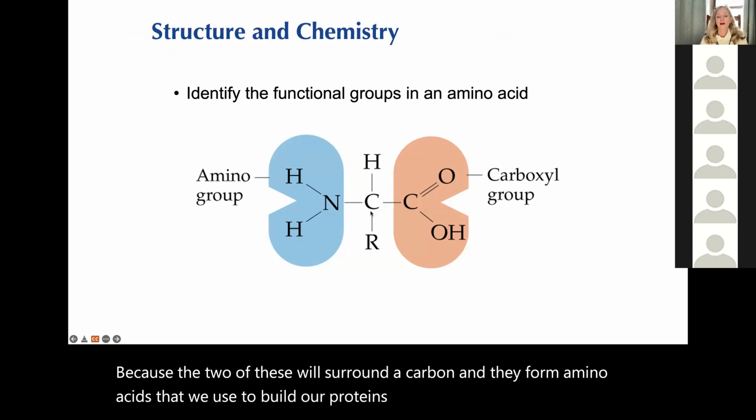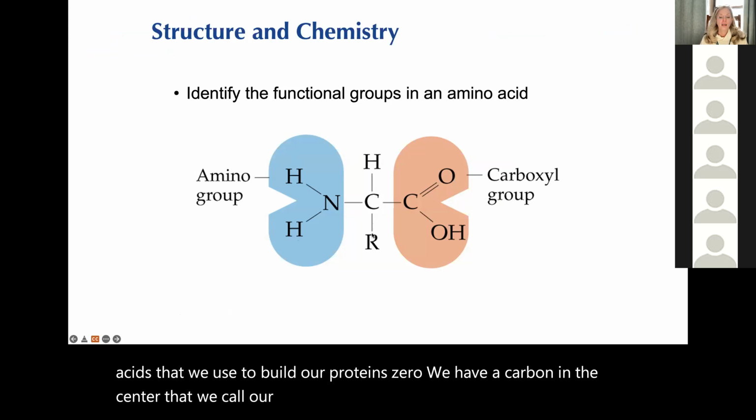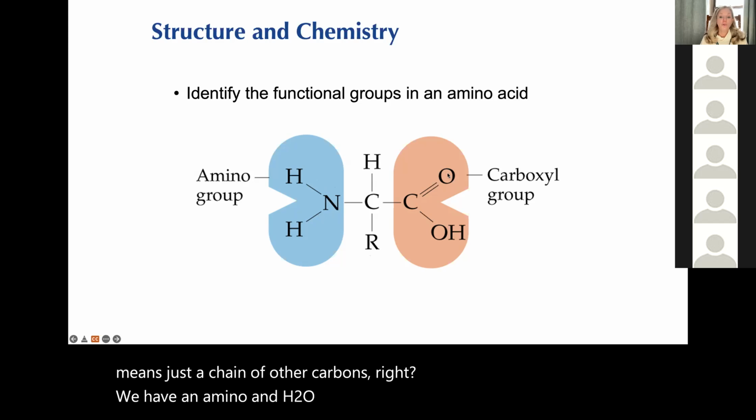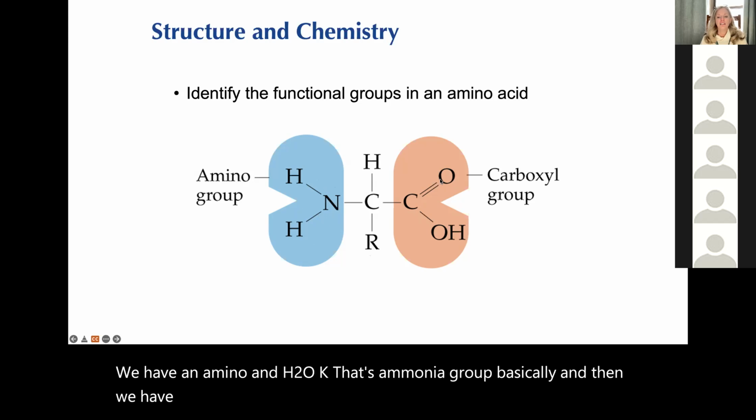So we have a carbon in the center that we call our alpha carbon. And this is going to have an R, which always just means a chain of other carbons. We have an amino group, NH2. It's basically an ammonia group. And then we have that COOH, a C double bonded to an O and an OH.